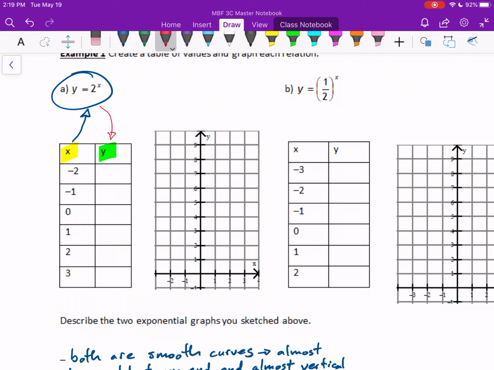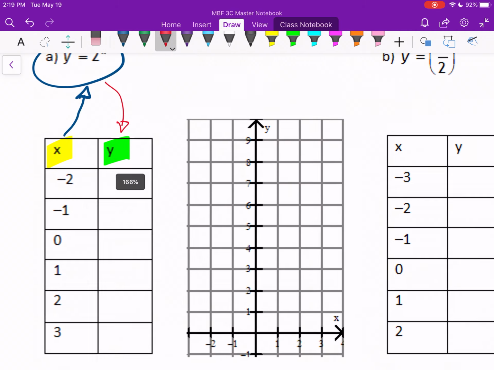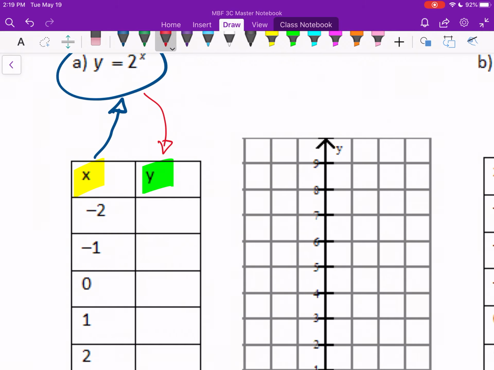If I stick negative 2 into the equation 2 to the x, I'll have 2 to the negative 2. We saw previously that negative exponents mean 1 over something. It means 1 over 2 to the positive 2. But 2 to the 2 is just 4. So 2 to the negative 2 is 1/4.